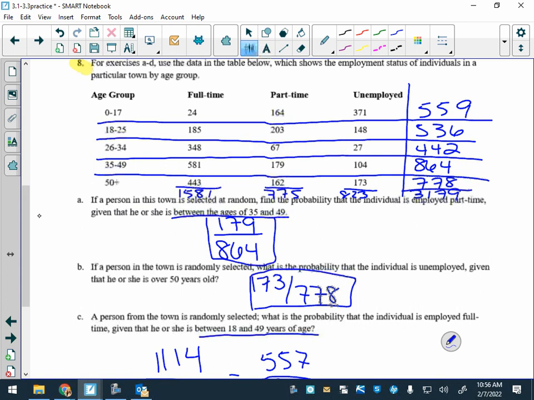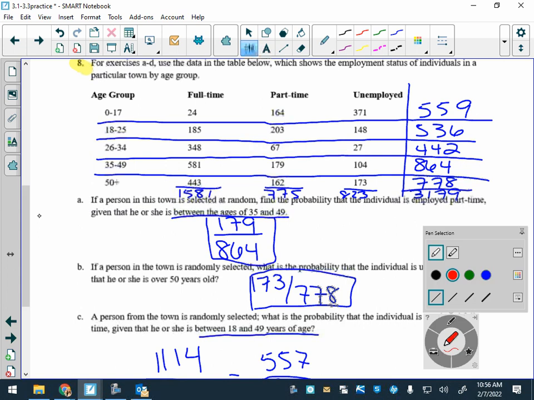So we had to add together the totals of 536, 442, and 864 for your denominator. Then those that are employed full-time, 185, 348, and 581 would be your numerator. Okay? So your full-time of these three categories over the totals. Okay?